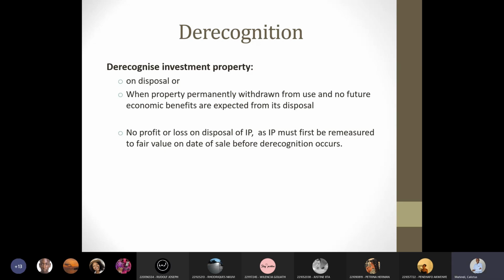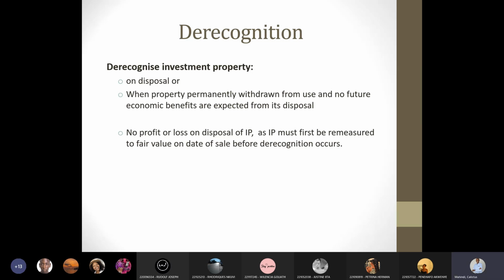And when do we do a derecognition? A derecognition is done when that investment property is disposed of, so you sell it, or when the property is permanently withdrawn from use and no future economic benefits are expected from its disposal. You can also think of it in this way when there's a change of use as well.